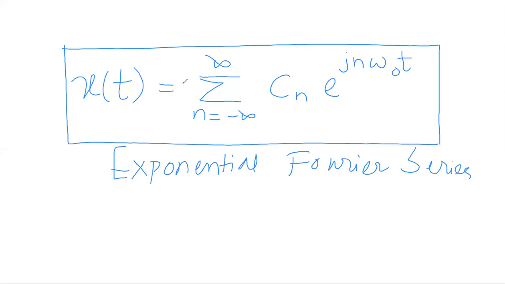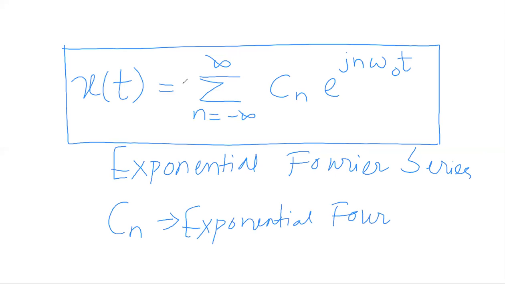All right. Now from this formula, we need to know what Cn is. Cn is known as the exponential Fourier series coefficient.